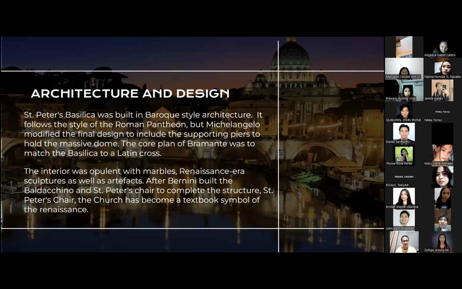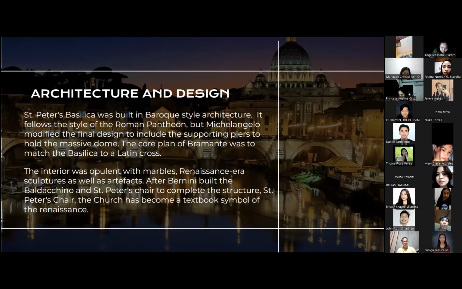So nabanggit po dito na may core plan po ang St. Peter's Basilica po. So ano nga ba ang the core plan of Bramante? The core plan of Bramante po, kapag sinearch nyo po yung plan po nito, meron po tayong tatlong plan.